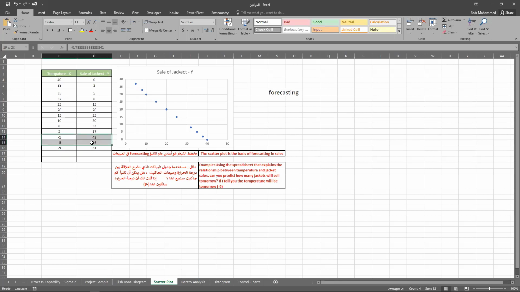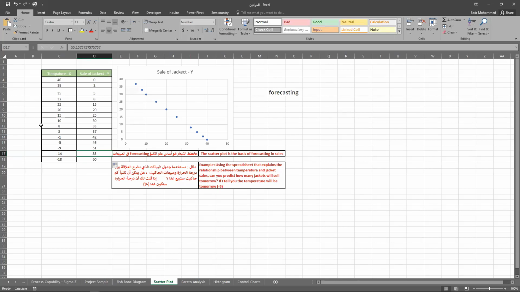This is what we mean by forecasting. If we draw it down, at -18 you will sell 60. At -14, you will sell 55. So it gives you an indicator or forecast about your sales.